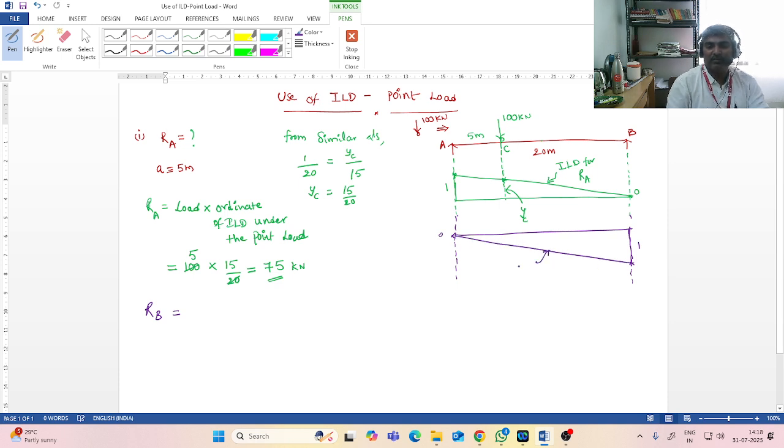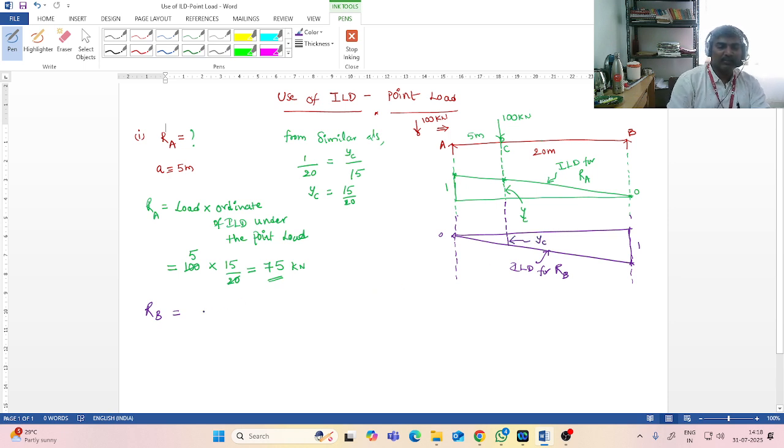So this is now the influence line diagram for RB. In a similar manner, just drop the load position onto the influence line diagram. Now this will be your YC value.